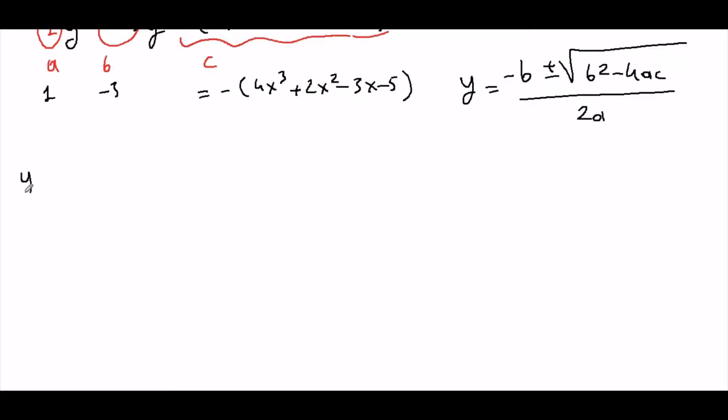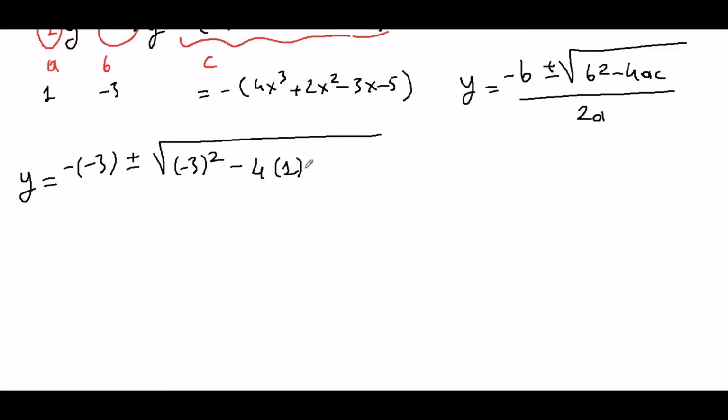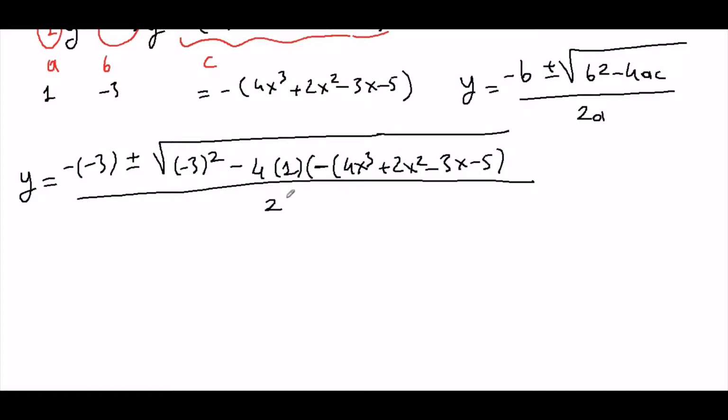So y is equal to negative b, our b value is negative 3, plus or minus the square root of b squared, which is negative 3 squared, minus 4 times a times c. A is 1, and c is negative 4x to the third plus 2x squared minus 3x minus 5, divided by 2 times a, 2 times 1.